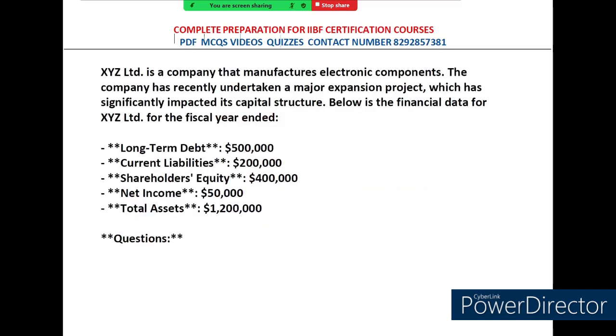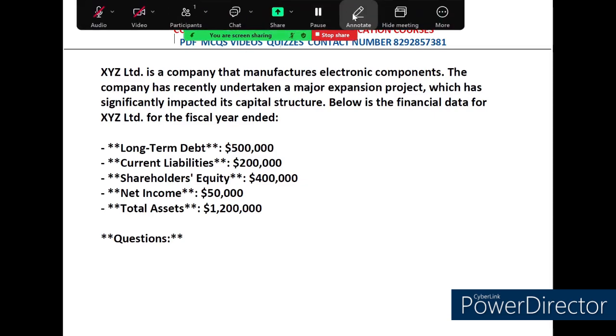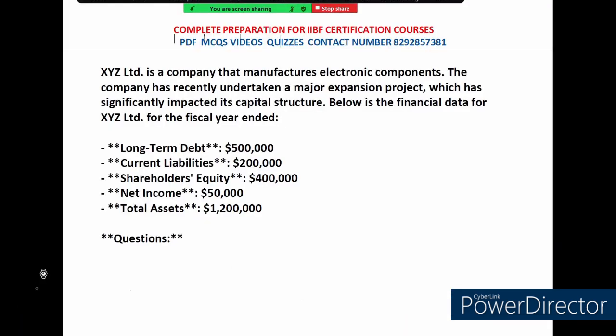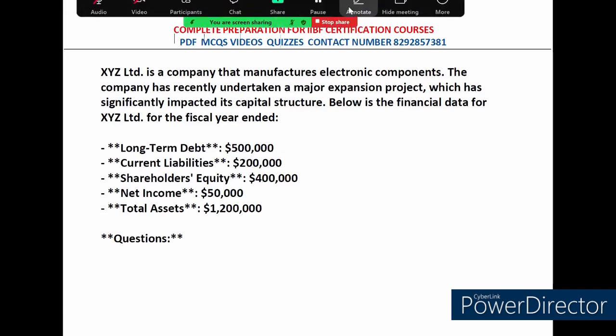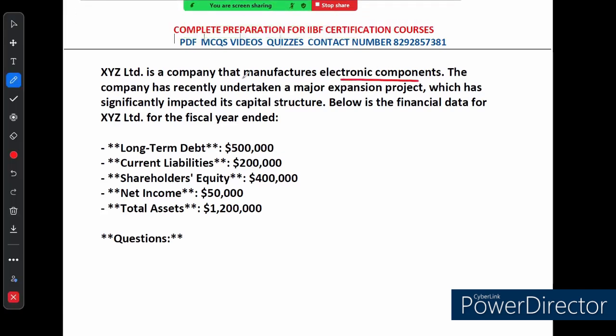So we are diving into an important financial concept that is called debt equity ratio, that is called DER. So let's break down the question. XYZ Limited is a company that manufactures electronic components, and it has recently completed a major expansion project which has affected its capital structure.